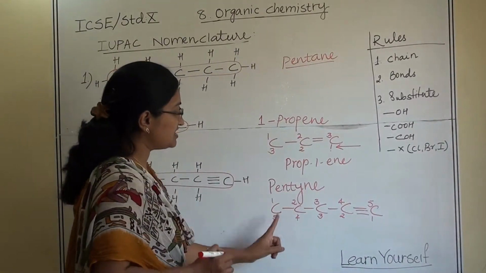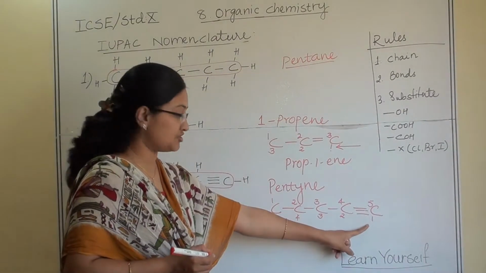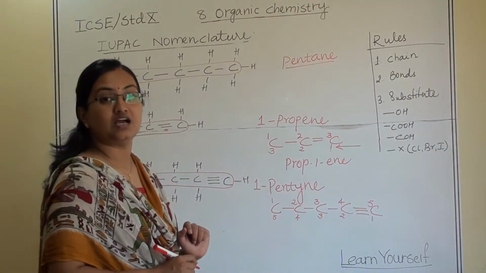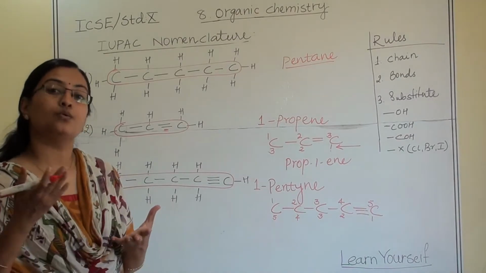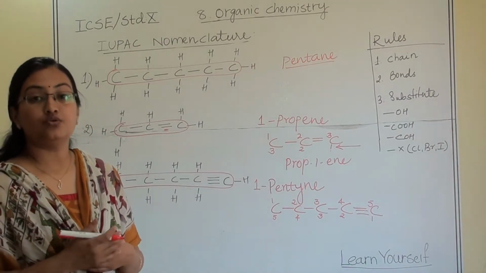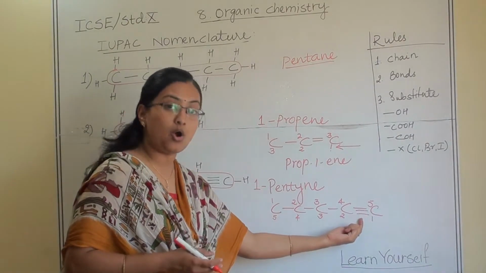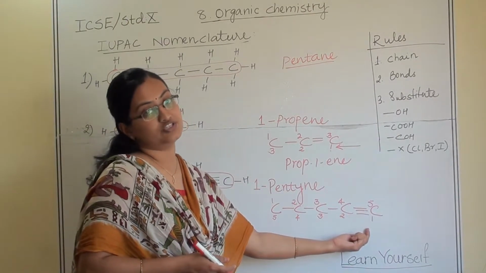In both the numbering systems, which one is the smaller? First one. So we are writing here 1 pentyne, or pent-1-yne. You can write like that. It shows that the triple bond is at the first position.